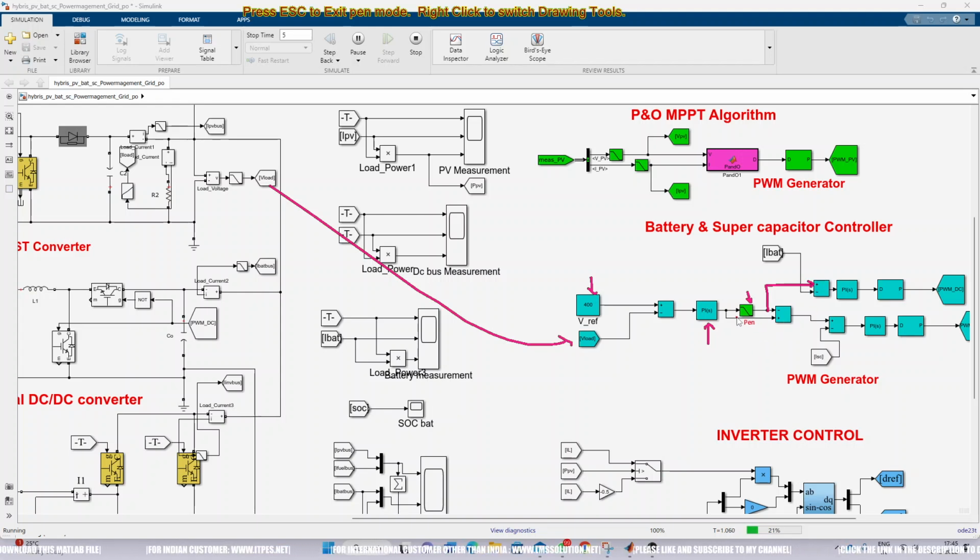Then you take the difference between the output of the filter and the output before the filter, and this acts as the reference current for the supercapacitor.